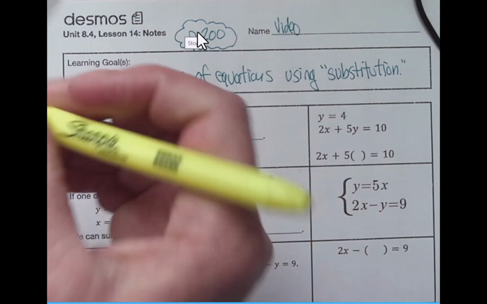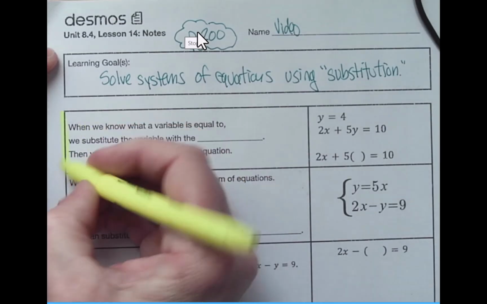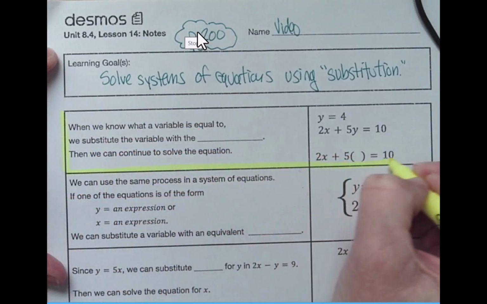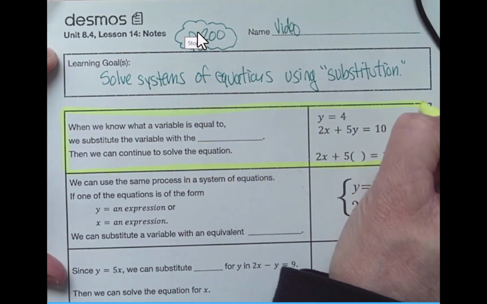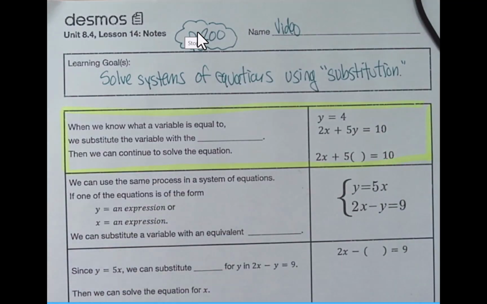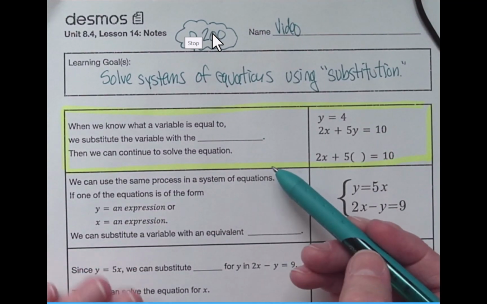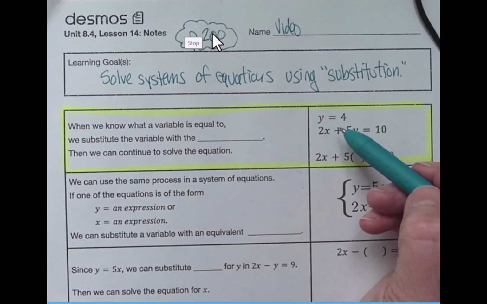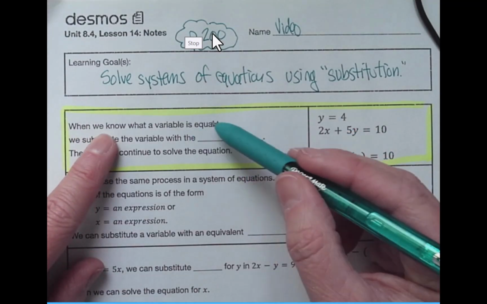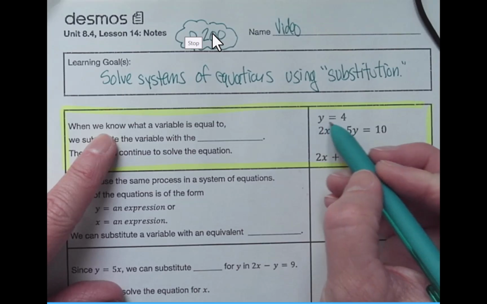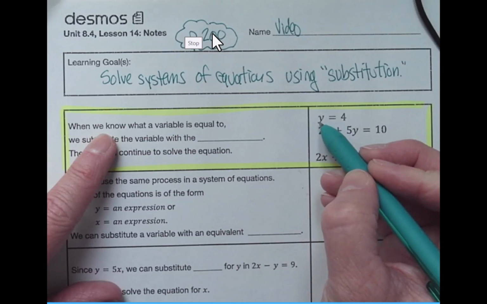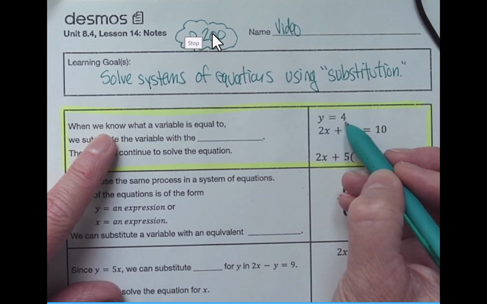Now, let me start by just introducing something that you already know. I'll highlight it here in yellow just to say this is nothing new. This is just what we're basing this solving technique on. When we know what a variable is equal to, like right here, I can see that y is equal to 4.